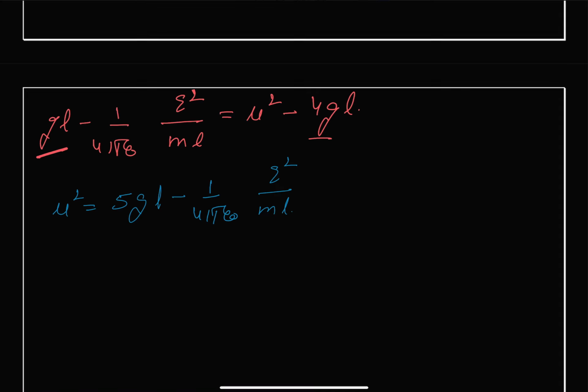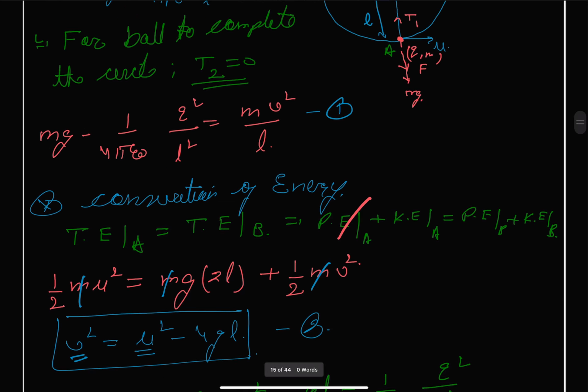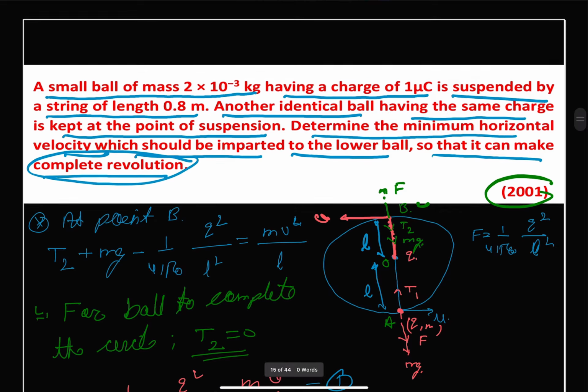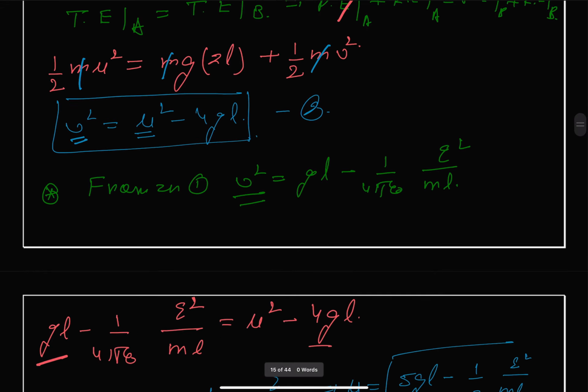Or from here we can say our U is equal to the square root of 5GL minus 1 upon 4 pi epsilon naught Q square upon ML, and we are given all the values, so we can substitute the values.